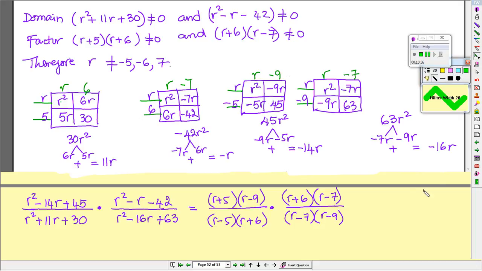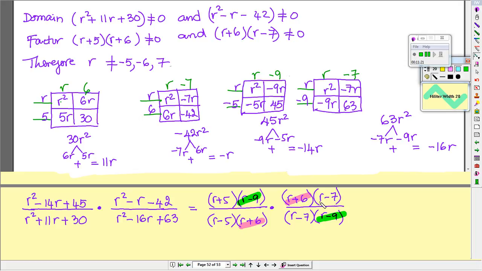So the next step we are going to do is divide out all the common factors. So let's see, do we have r plus 5 in the denominator? No. How about r minus 9? Yes, so we have r minus 9 in the denominator, so that will be one gone. Next one, how about r plus 6? Yes, we have it.